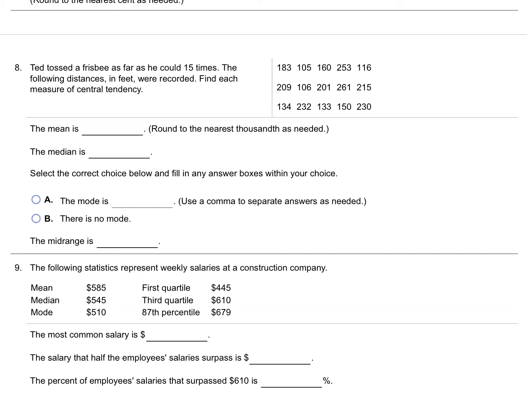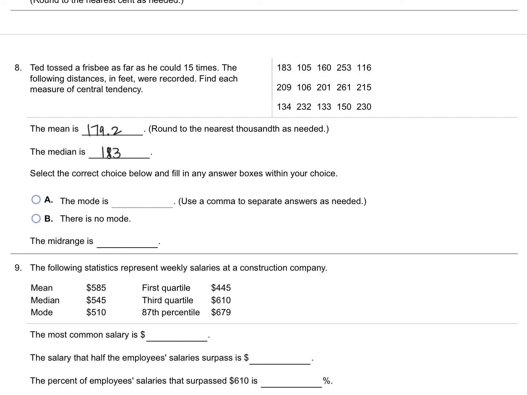When you put this all into the calculator, you will find the following. So the mean, and if you wanted to do the mean, remember you just add all these up and divide by 15. The mean is 179.2. The median is 183. So remember, the median value is the one that's in the middle.